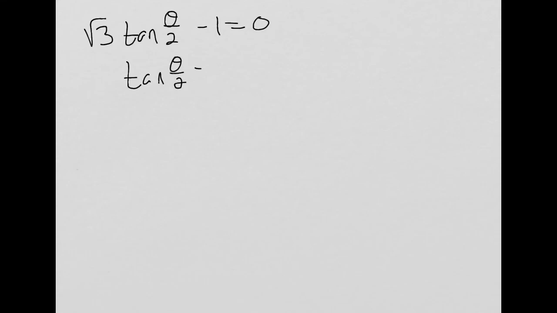multiplication by a fraction. So if I had root 3 tangent theta over 2 minus 1 is equal to 0, a little algebra gives me that the tangent of theta over 2 was 1 over square root 3, or if I rationalize the denominator, root 3 over 3.